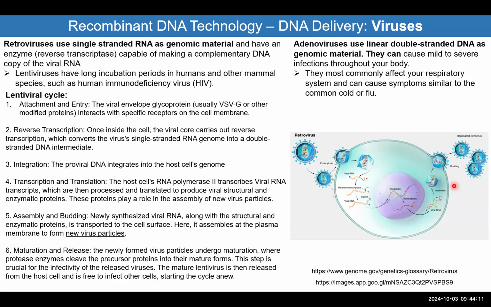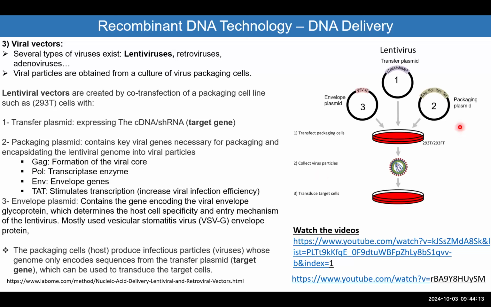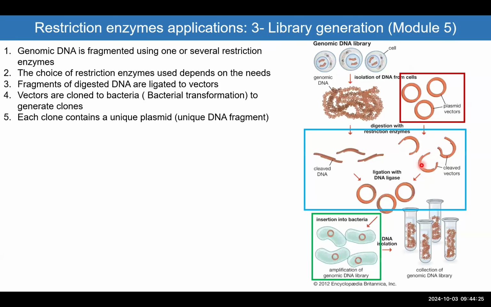So when we infect HeLa cells after producing a virus here, we will not have a regeneration of the virus. We will have only the overexpression of this target gene. Okay? I think we are good enough to stop and take some questions.